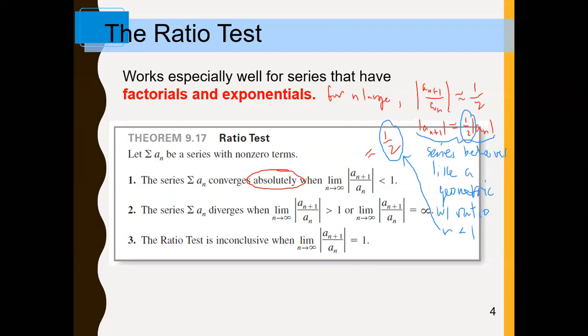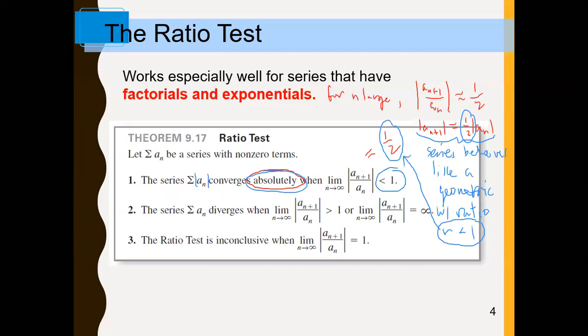And what do we need to be true about the common ratio in order to guarantee convergence? It needs to be less than 1. Does that make sense? Common ratio needs to be less than 1. So that's why we put this little requirement on here. And it converges absolutely, which means even if I were to put absolute values in here, the thing would still converge.